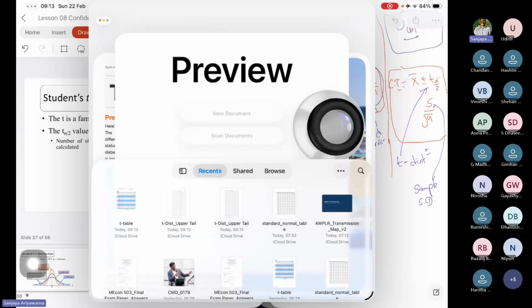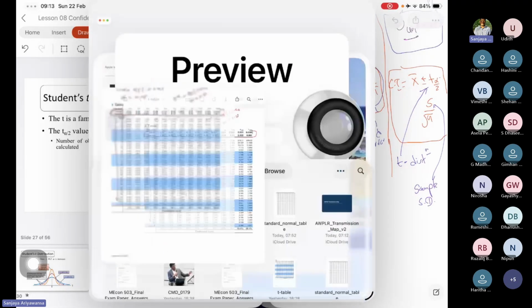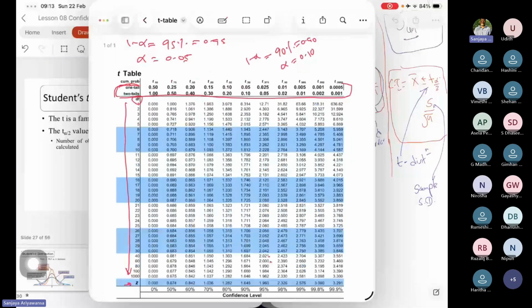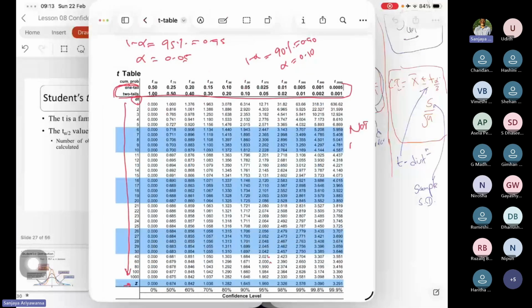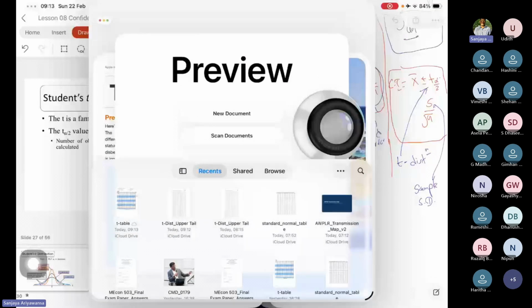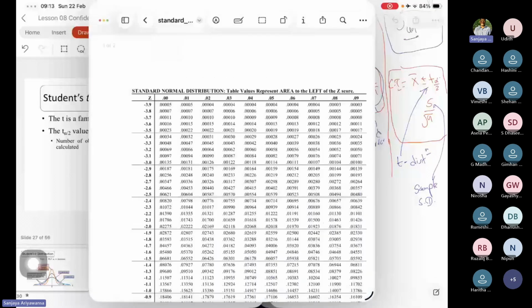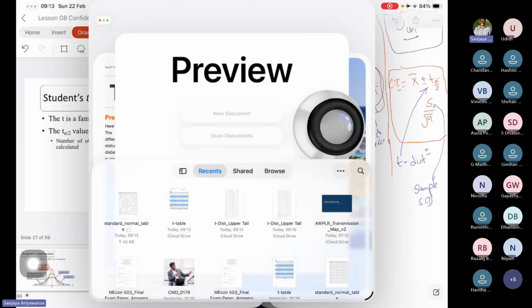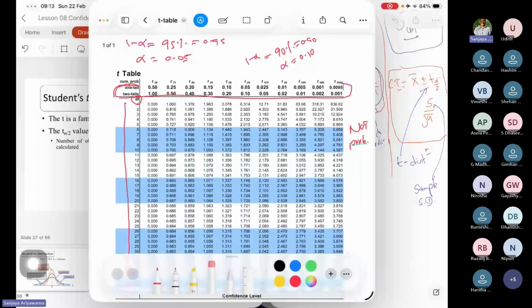The important thing in a t table is that all these values that you see are not probability values, whereas in the standard normal distribution table, all of these values are probability values. That's an important difference there. Right, so let me just get rid of all of this.